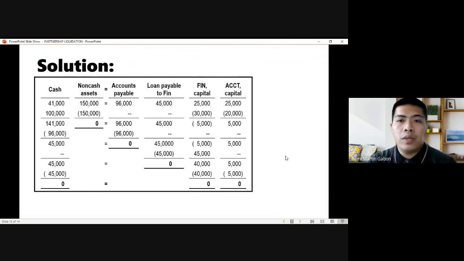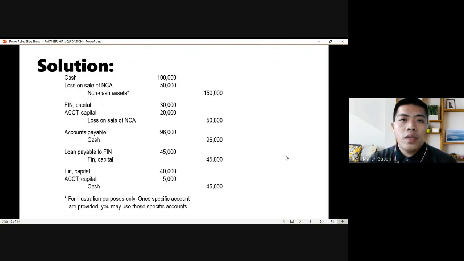Lump sum liquidation. So to journalize the liquidation, we debit cash for 100,000 and debit loss on sale of non-cash asset for 50,000 and credit non-cash asset for 150,000. This refers to the realization of the non-cash asset.